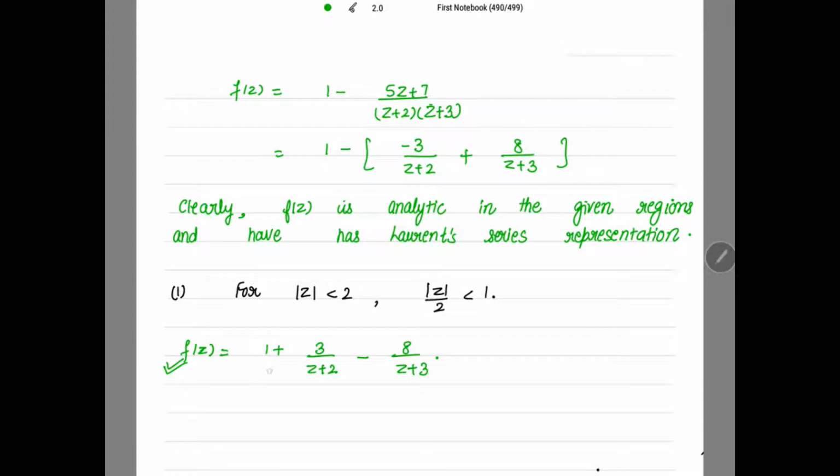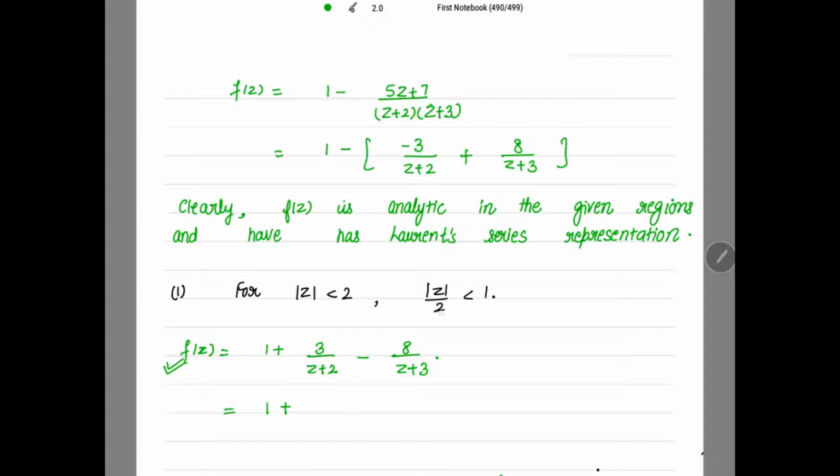So f(z) is equal to 1 + 3 over (z + 2) − 8 over (z + 3). Now, because I'm having |z/2| < 1, I need this |z/2| in the denominator of 3. So what should I take common from the denominator, z or 2? If I take z common, then I will be having 2/z in the denominator.